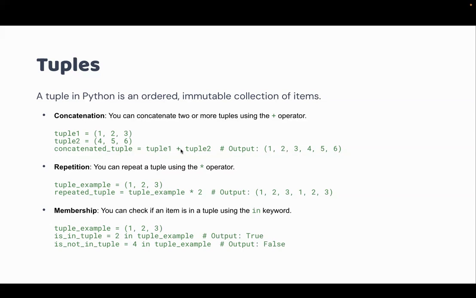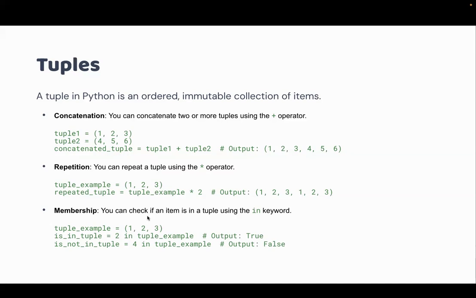If we add them together, the output would be 1, 2, 3, 4, 5, 6. And after that, we have repetition. You can repeat a tuple using the star operator. So if we have the example 1, 2, 3 over here, and we use star 2, it will print out 1, 2, 3, 1, 2, 3, repeating 2 times.